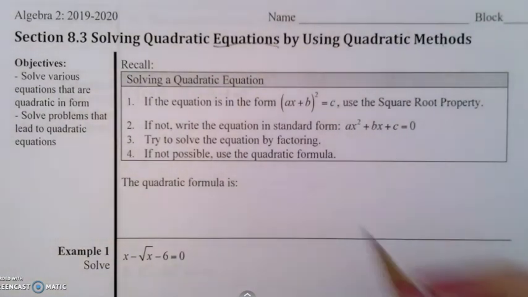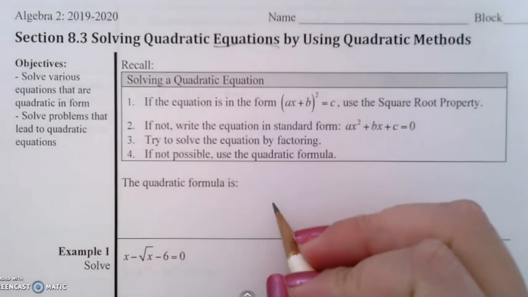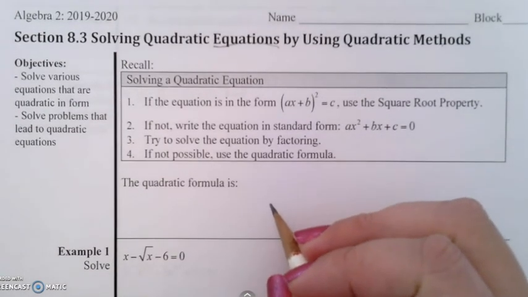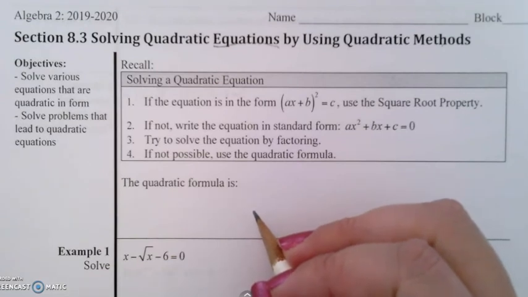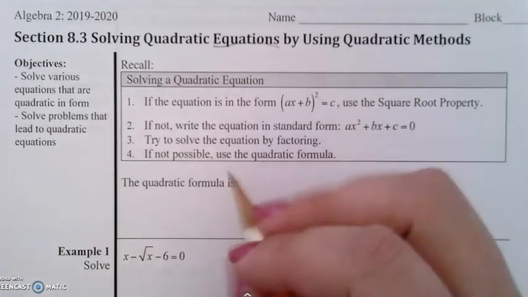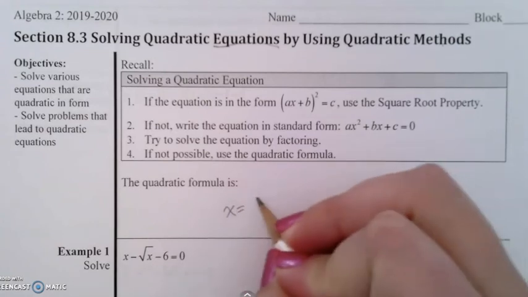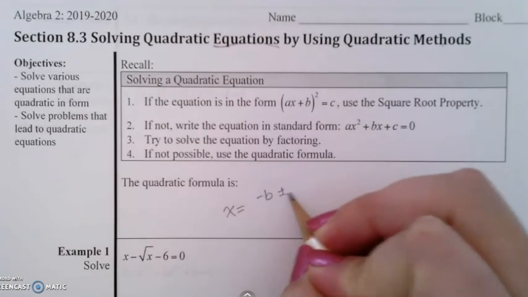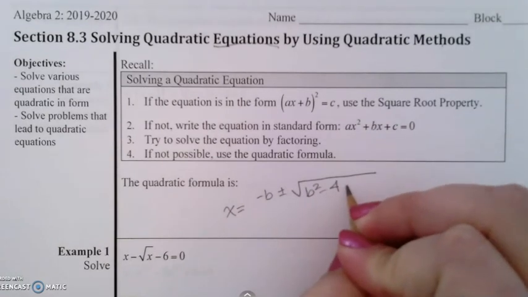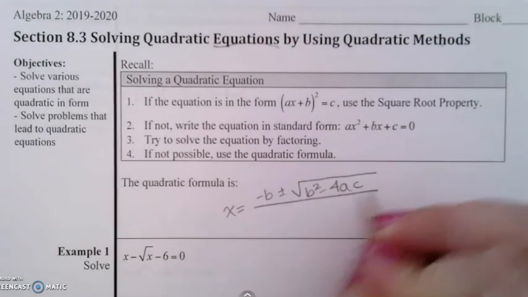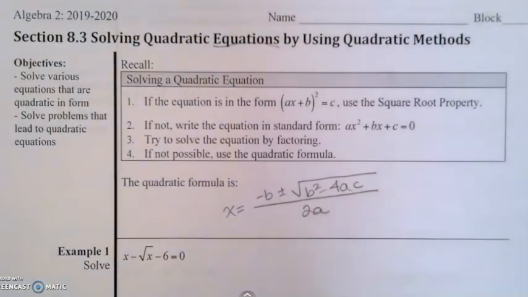So let's recall, what is the quadratic formula? Hopefully you know this by heart. If not, keep singing the song that's posted on the topics page, and that will help you memorize it. X is equal to negative b plus or minus the square root of b squared minus 4ac all over 2a.